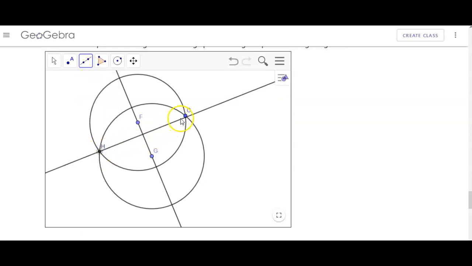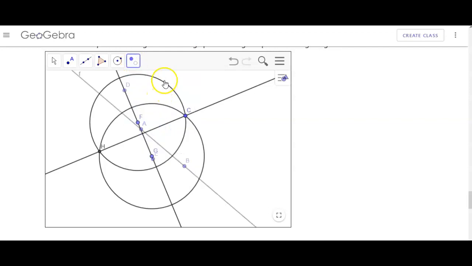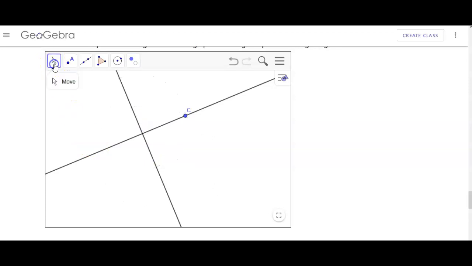And so then the next thing that we need to do, we're trying to go through C, so I'm going to hide some of these circles so that there's not so many of them, because we want our line to go through C. So I have this line and this line perpendicular, and so now I need to make another line perpendicular to this one.